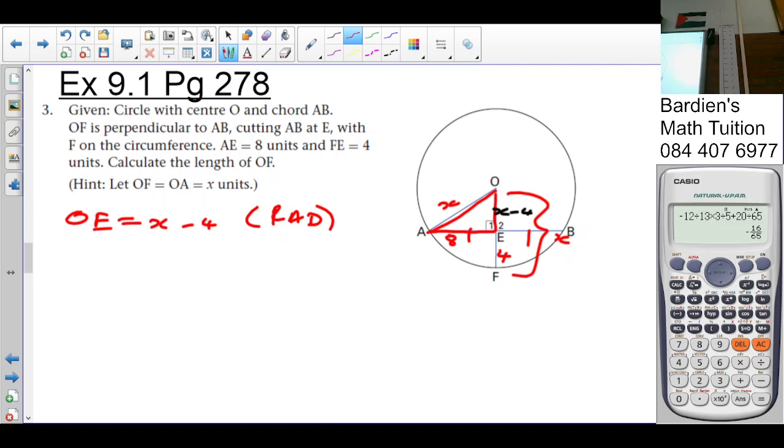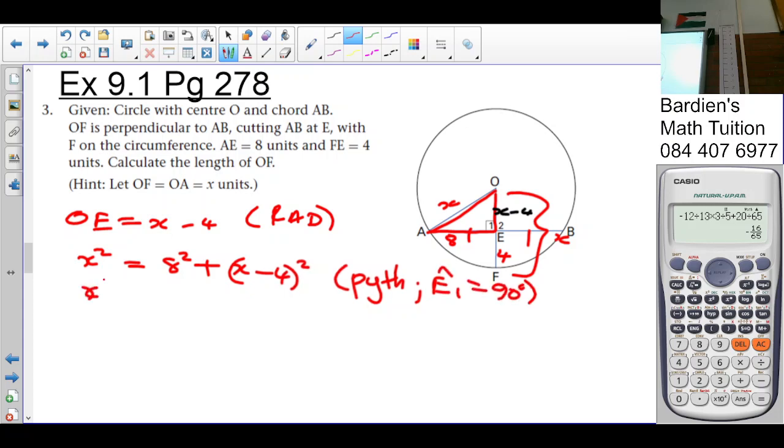Now can I apply the theorem of Pythagoras here? Yes. So what do I say? x squared equals 8 squared plus EO squared, which is x minus 4 squared. You all agree with that? The reason here is Pythagoras with angle E1 equals 90 degrees.